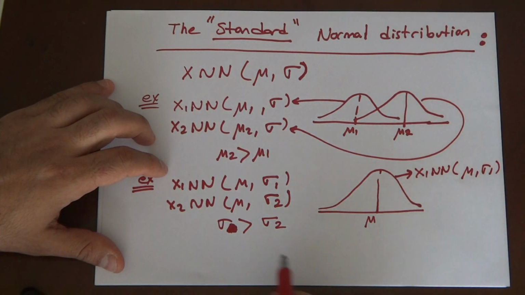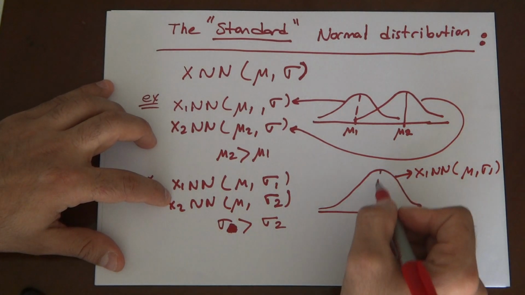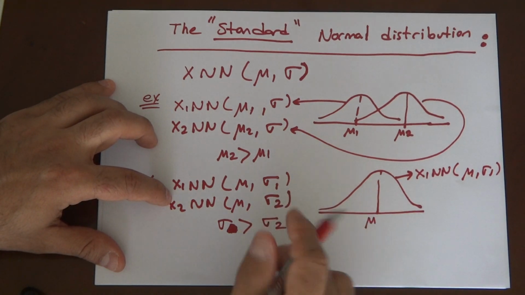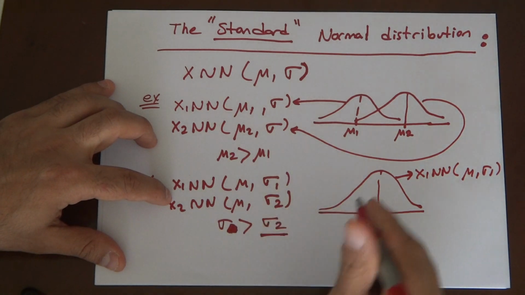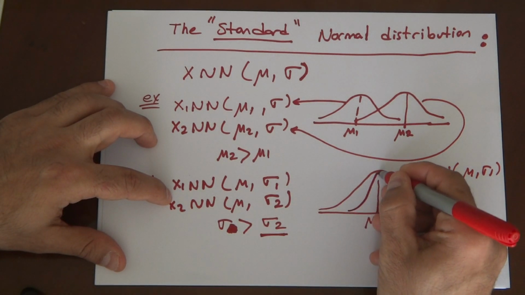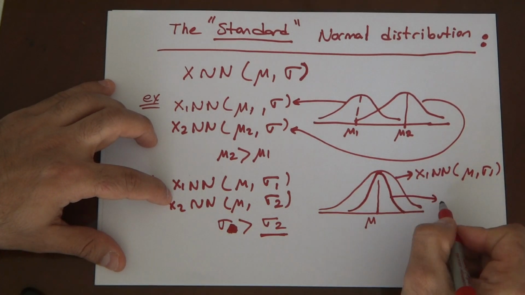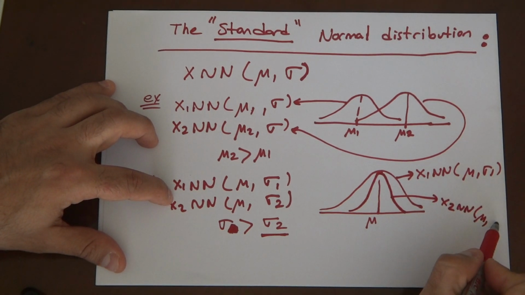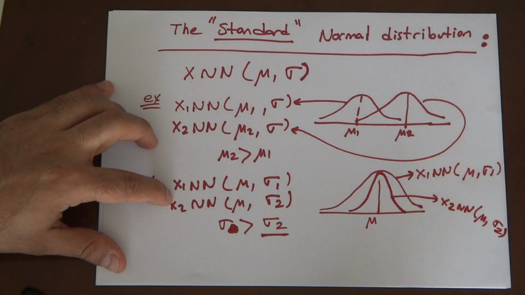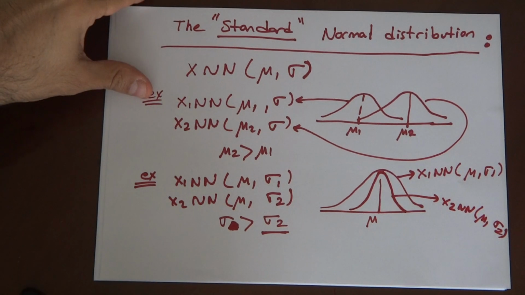For the second one, since the mean is the same, the center must be here, but sigma 2, which shows the variability, is less than sigma 1, so the second distribution might be something like this inside. This is the case where X2 is distributed normally with the same mean but a smaller standard deviation. Again, they are not the same.